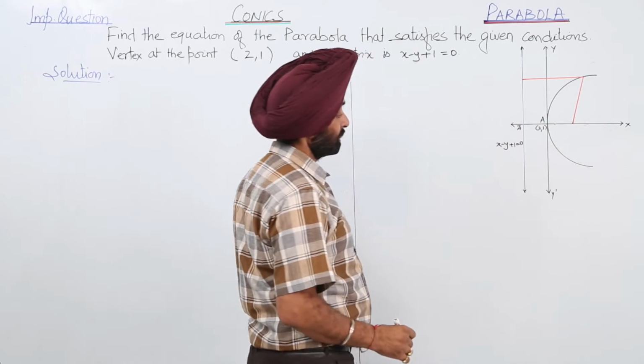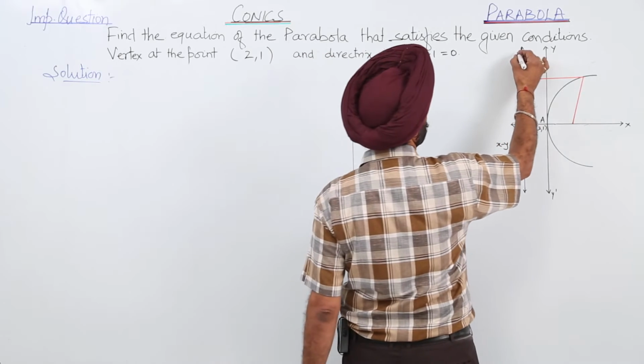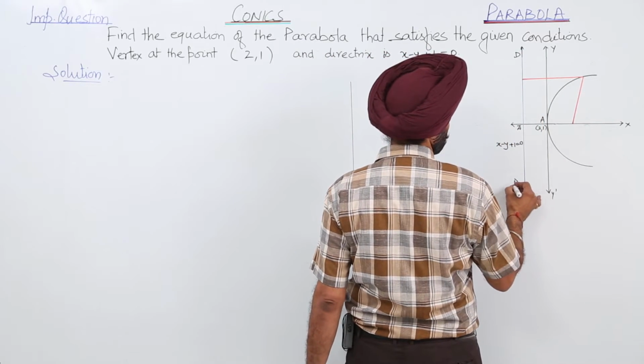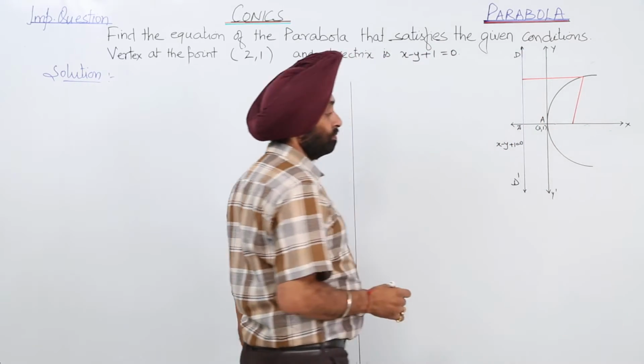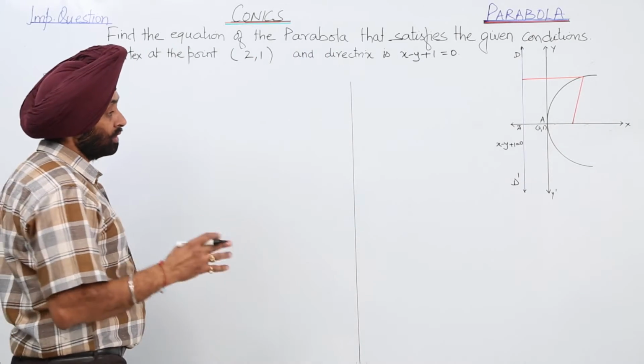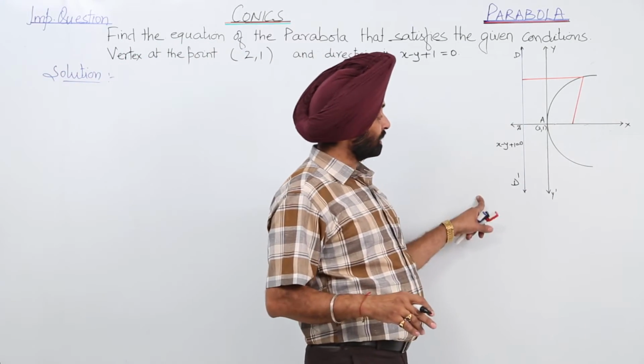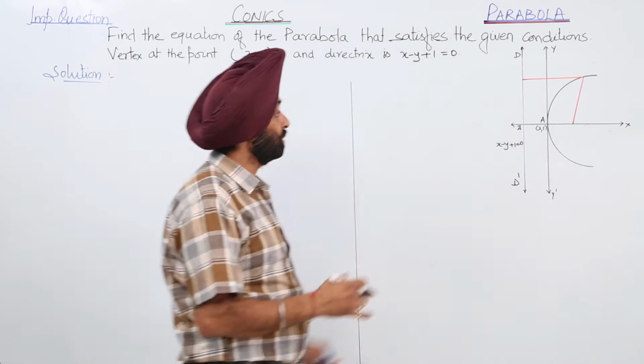You can mention it as d dash. Nothing more is given to us, only two things are given: the equation of the directrix and the point of the vertex. Now let's see how we are solving it.